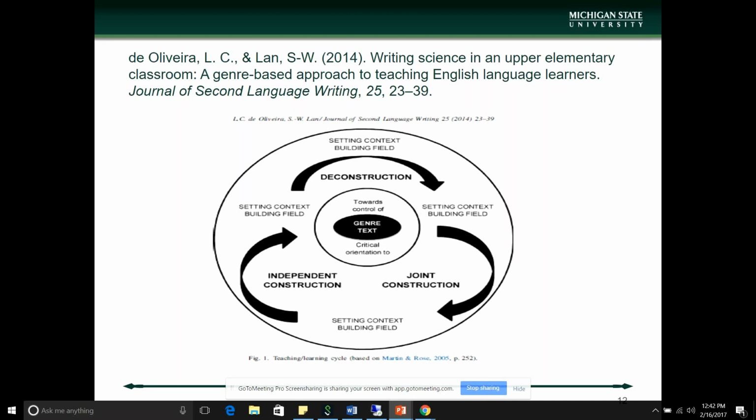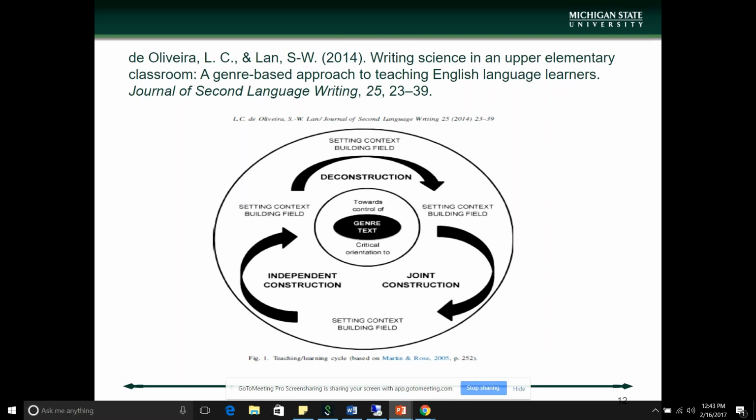One thing I want to say about the joint construction, I want to go back to the dictogloss example. I've done this in my MA-TESOL classes, and what I have found is if you give students different things to listen for in the dictogloss, and then put them together, for example, one student might get one set of words or phrases they're going to hear, and another student gets another set.